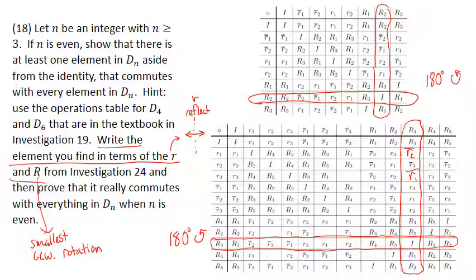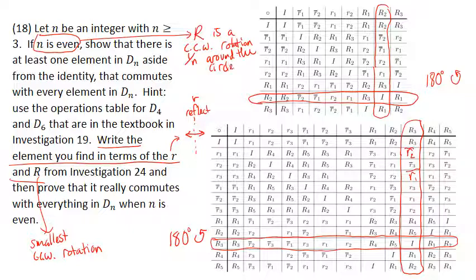So this is where it becomes important that n is even. Because n is even, big R is a counterclockwise rotation 1/n of the way around the circle. To go halfway around the circle, 180 degrees, you would have to do that big R thing n/2 times.